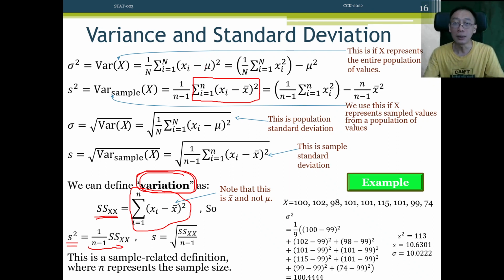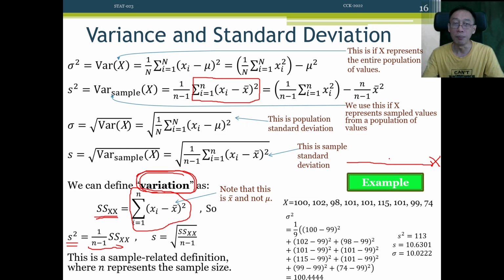Now, let me quickly give another pictorial idea. If we have an x-axis, remember x is a measurement, of height of students, weight of students, quiz scores, or employees' income, customers' budget, so it can be all kinds of measurements.